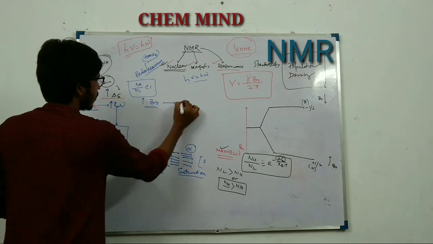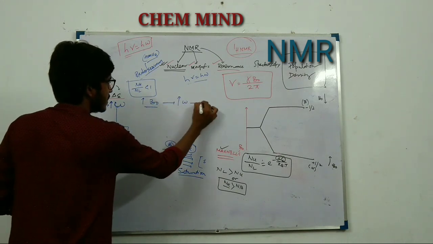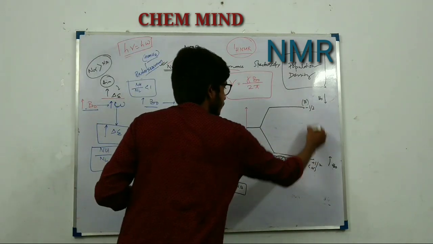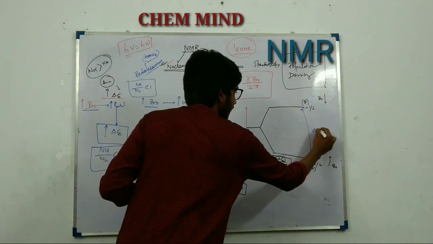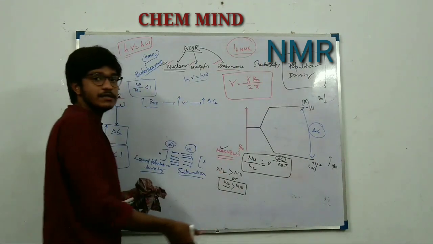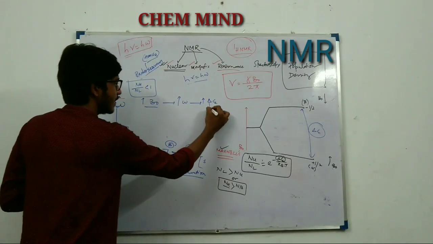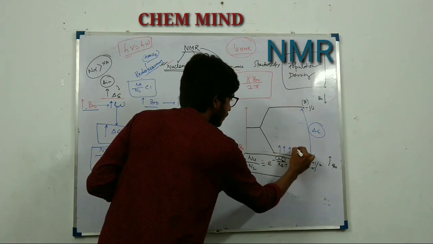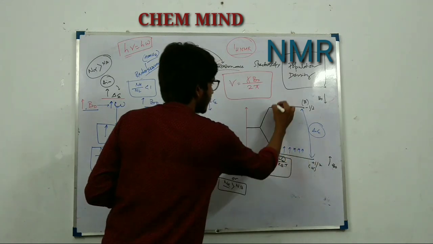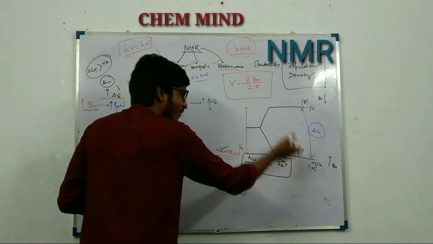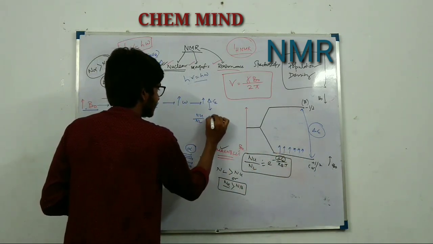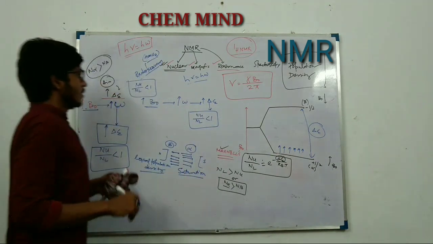By increasing B naught, omega increases, and the difference between the two states, delta E, also increases. So the number of molecules in the alpha state is increasing, and Nu by Nl is less than 1.